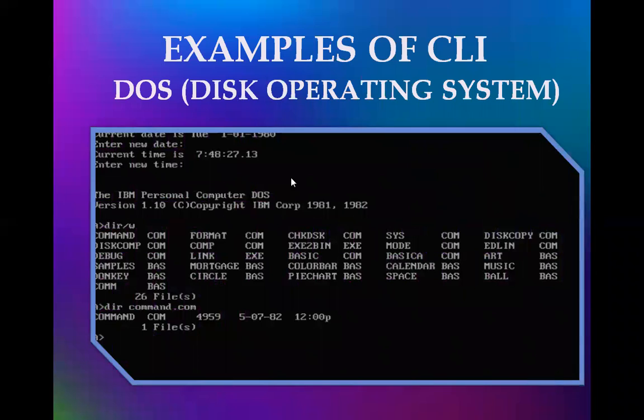Here is the interface of Disk Operating System, and you can notice that it is similar to what you have seen in the previous slides, that is command line interface.